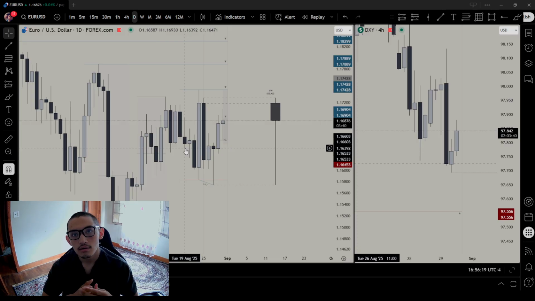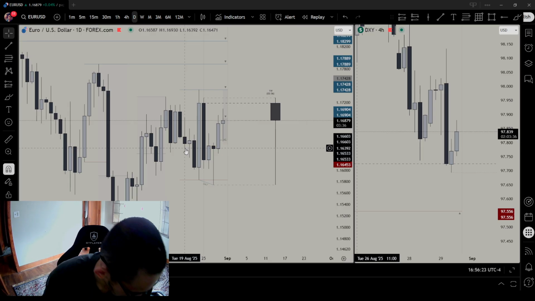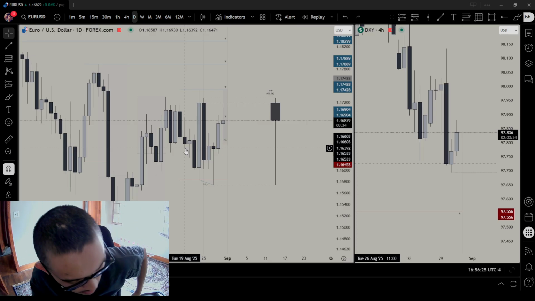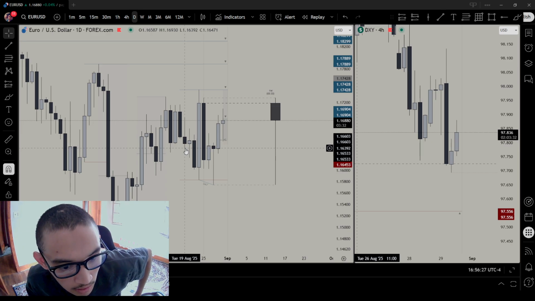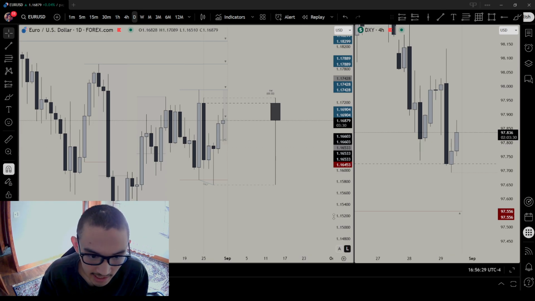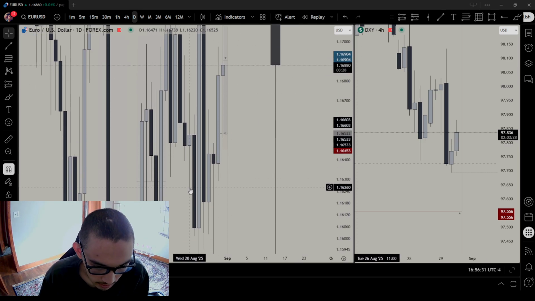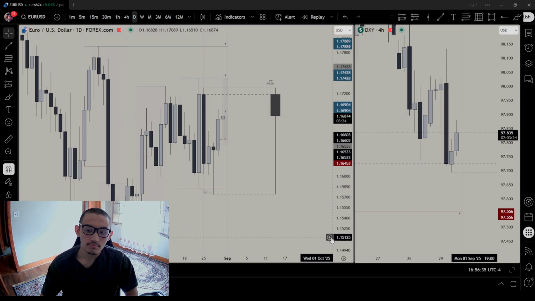The top one is premium and the below one is discount, right? He tapped discount though, right? Why?